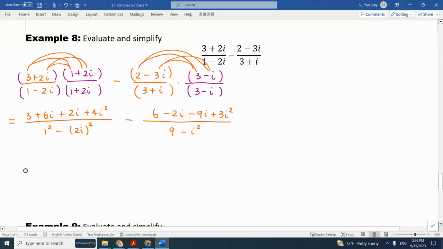Okay. Kayla, what is i squared? -1. Good. So, the top one, we have 3 minus 4. What's 3 minus 4? -1. And what is 6i plus 2i? 8i, yes. 8i.